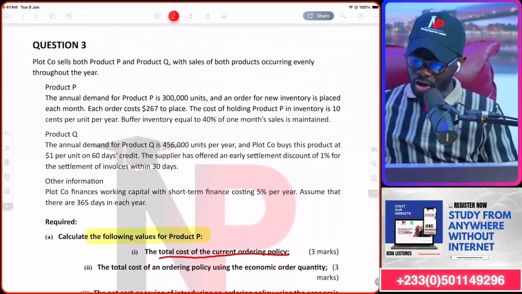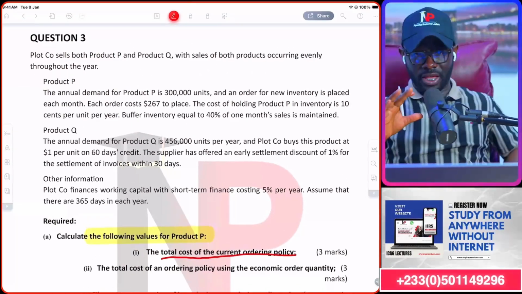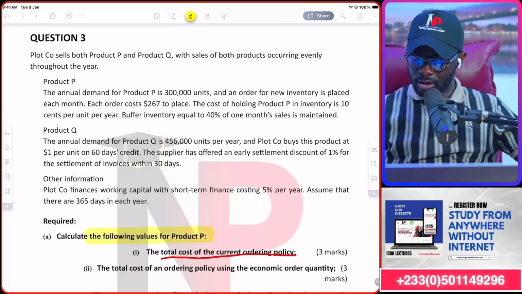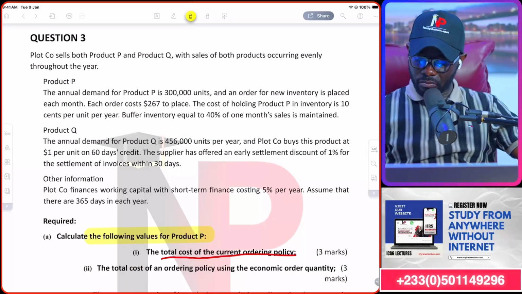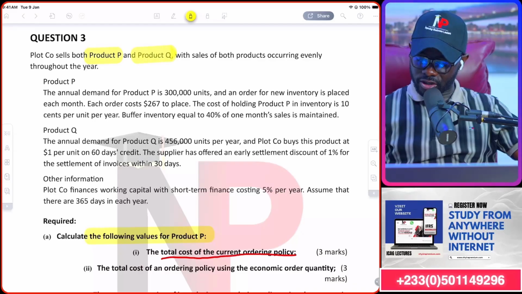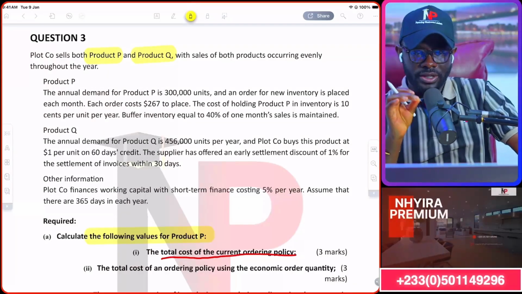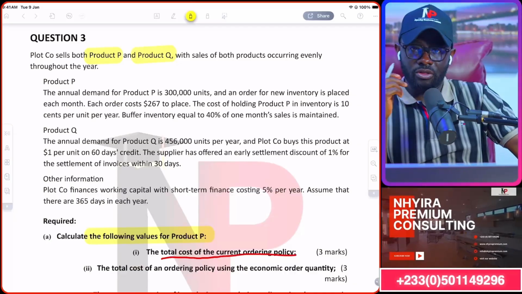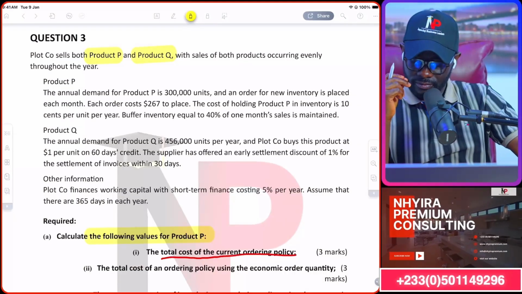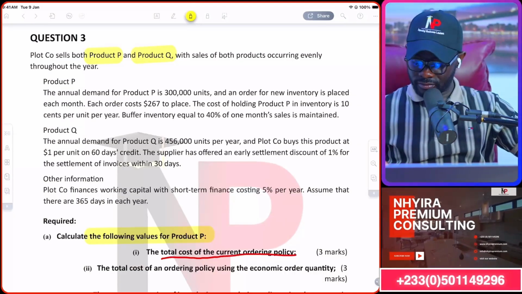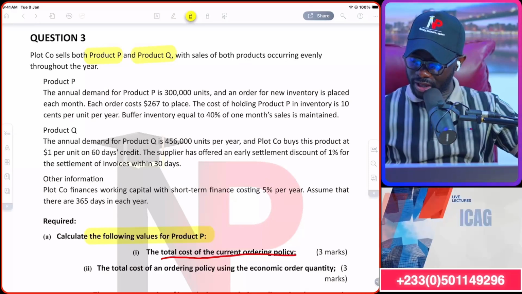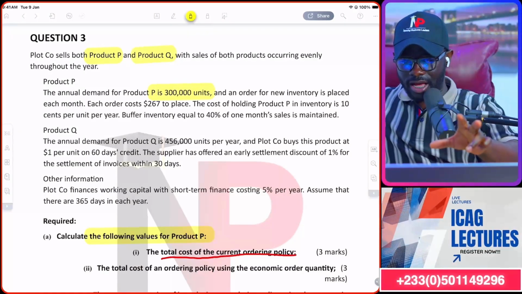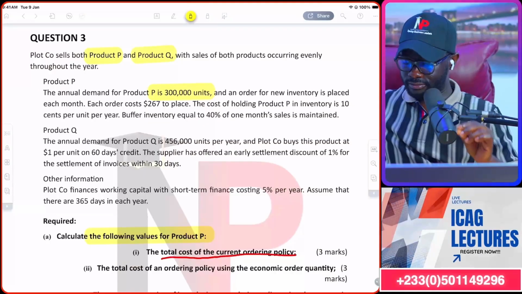So let's read the story for product P. Stay with me carefully. It says, Plot Co sells both product P and product Q, with sales of both products occurring evenly throughout the year. Product P: the annual demand is 3,000 units.